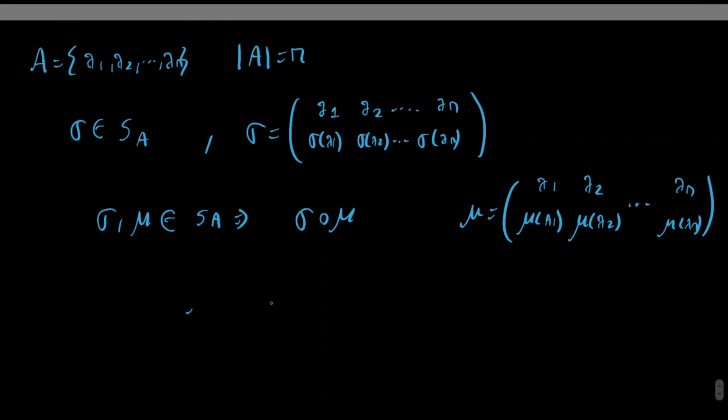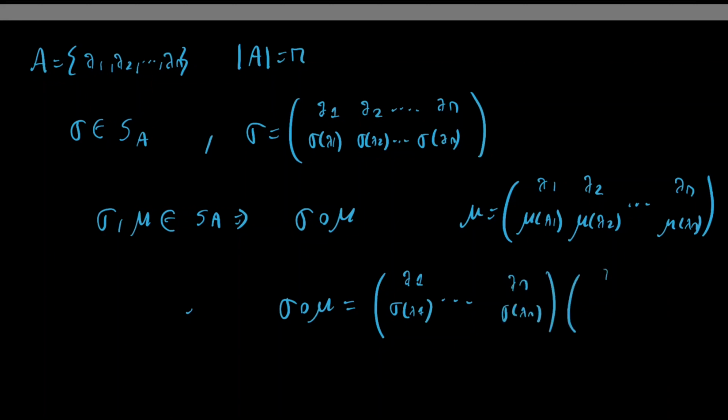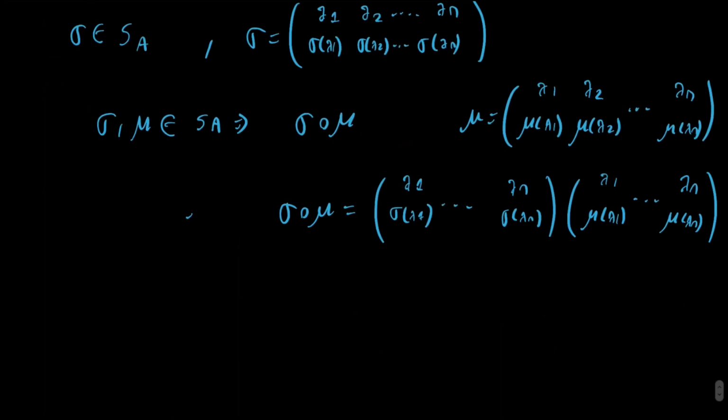Taking sigma composed with mu will be equal to, we will denote it as this product here, and then the multiplication just boils down to applying this permutation here first, and then applying this one.